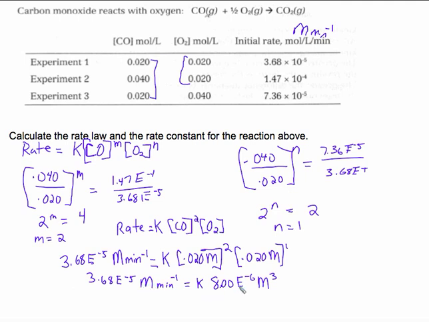So if you divide both sides by 8 e to the minus 6, you get K is equal to 4.60, keeping the number of significant digits right.